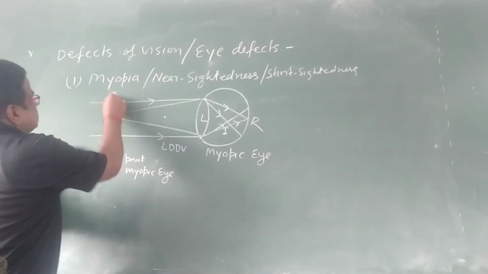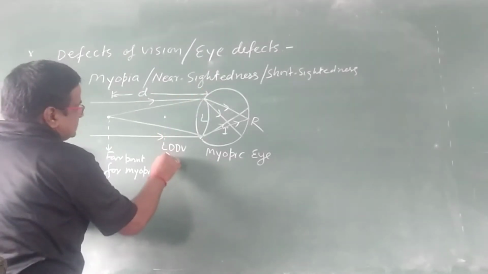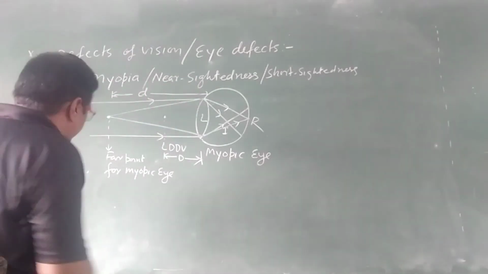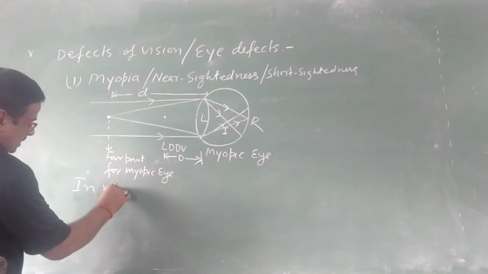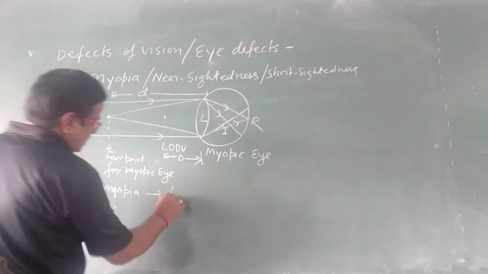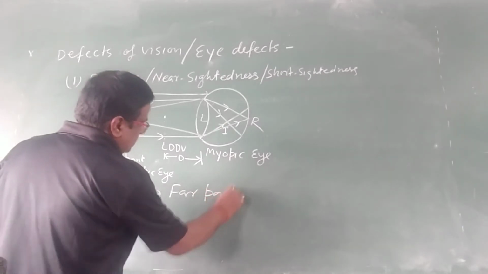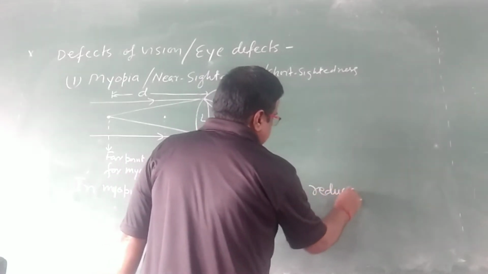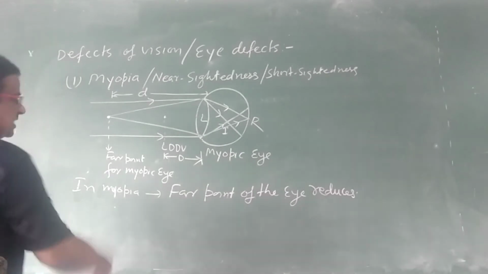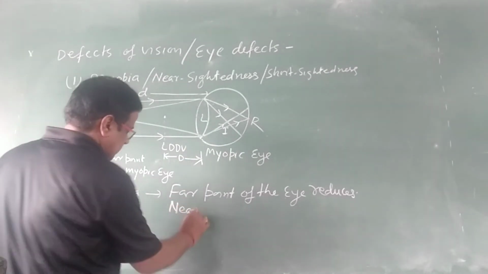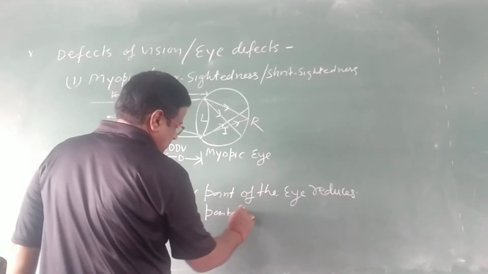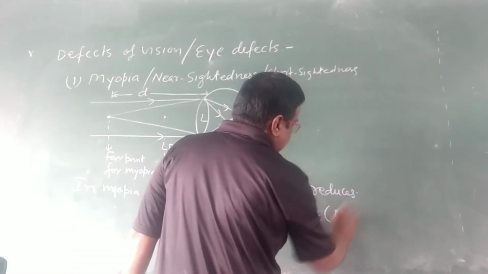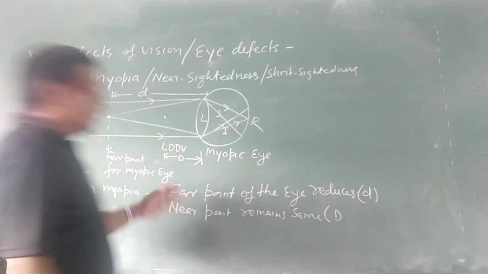So it is at distance small d, and the distance of distinct vision is denoted by capital D. So in myopia, the far point of the eye reduces. The near point remains the same, it is capital D, and this is small d. Now the far point is not infinity.